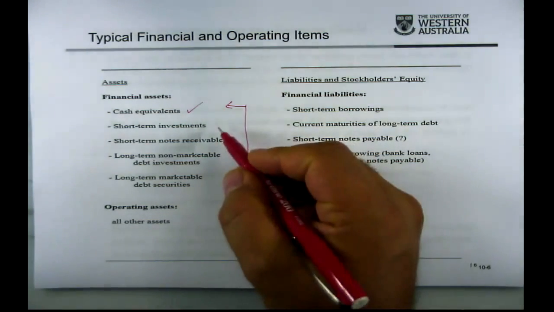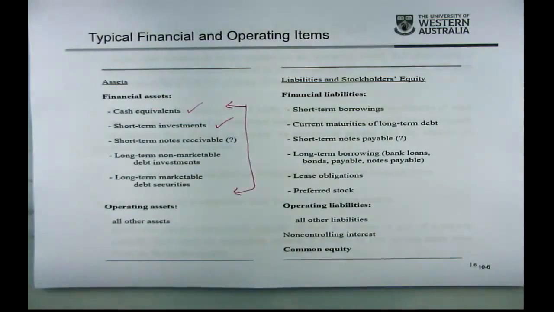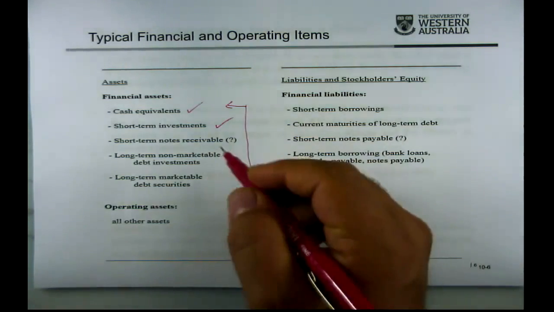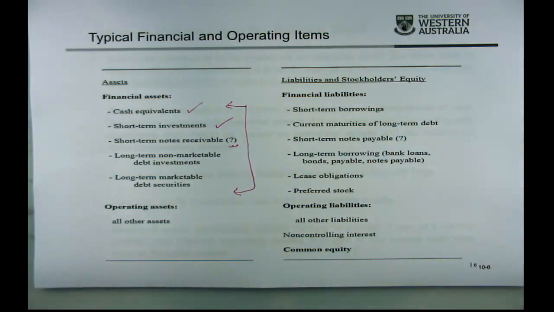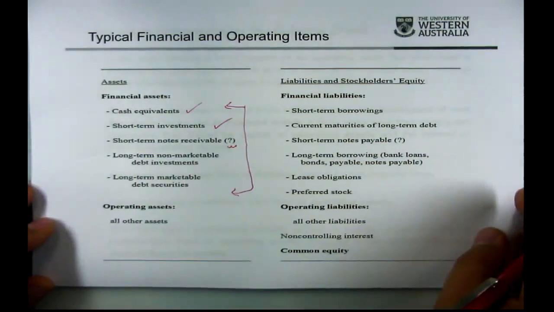We have also short-term investments. These short-term investments also are usually debt securities earning interest. We have short-term receivables. This one needs further discussion. We will discuss them in greater detail shortly. We have long-term non-marketable debt investment.